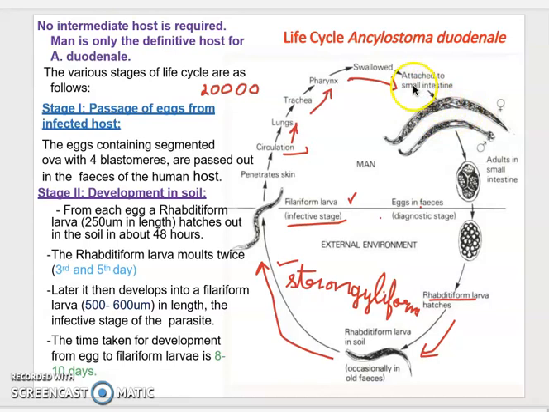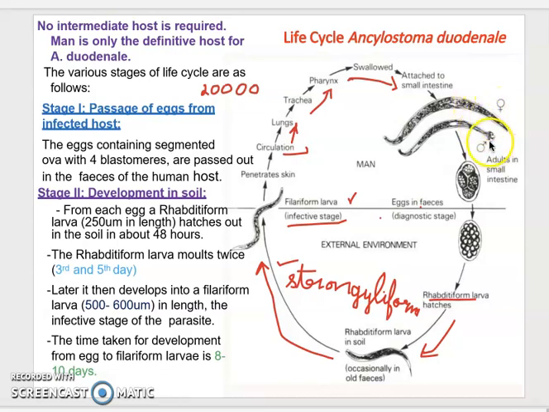From the small intestine it undergoes maximum development, gets converted into the last juvenile form, and then develops into the adult. Then it matures, develops the gonads, attaches to the intestinal mucosa, derives nutrients from the host and attains sexual maturity.